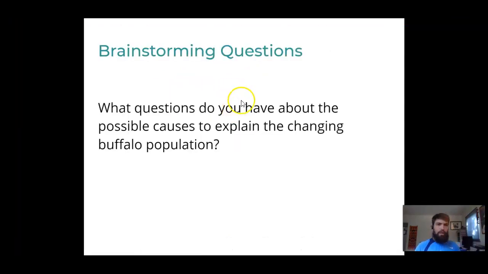Okay, and now that you've compared the models, I want you to really think about every question you could think of for what could possibly be changing the buffalo population. And what I want you to do is write this on a sticky note. I'll have these in class.